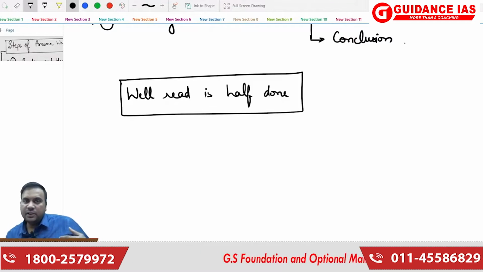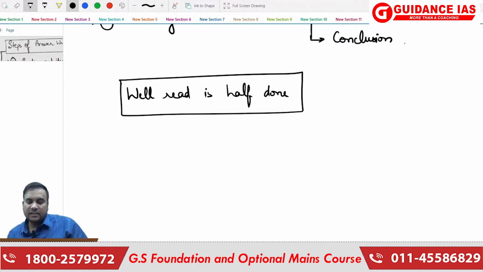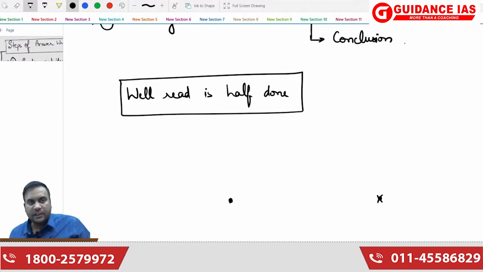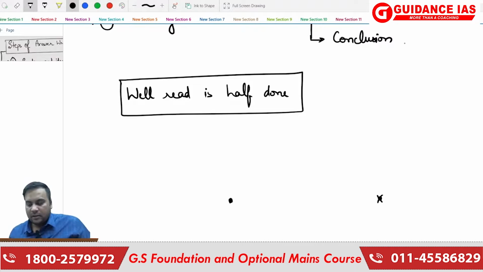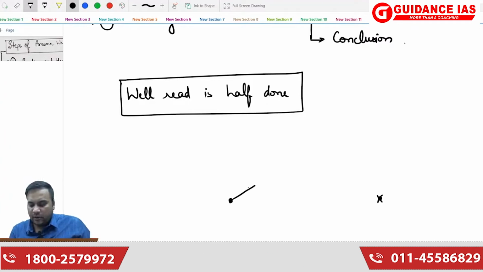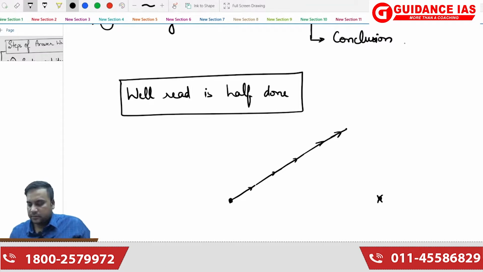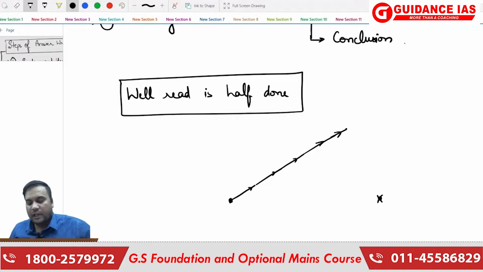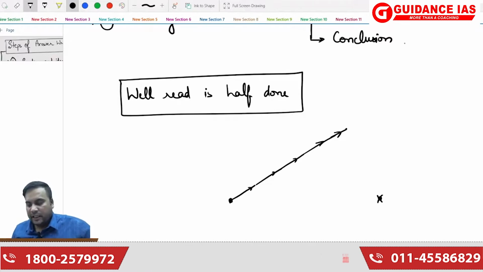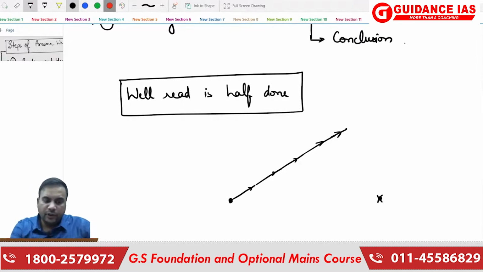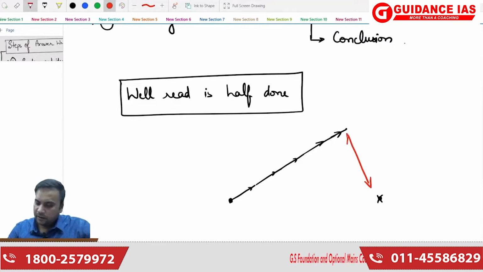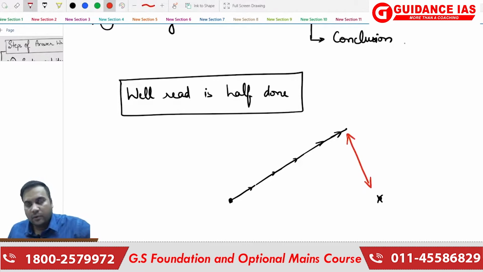We have this tendency to rush to the answer writing, and clearly you can understand that suppose you are here and this is your destination point which you have to reach, and suppose you take a wrong path, what will happen? If you take a wrong path, clearly you will move away from your goal, from your target.